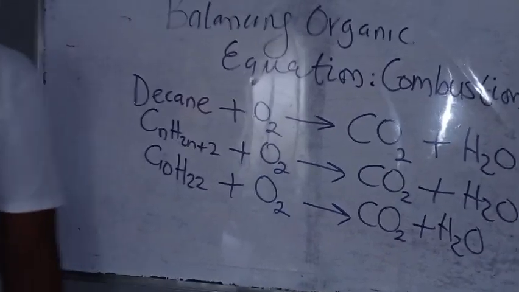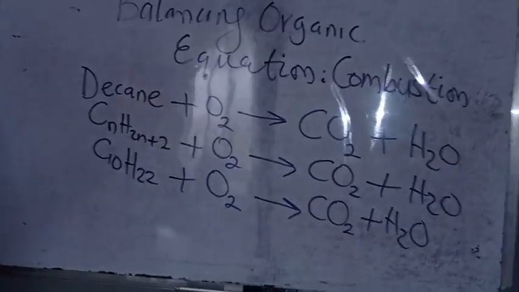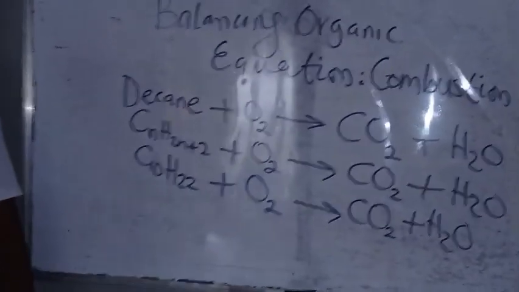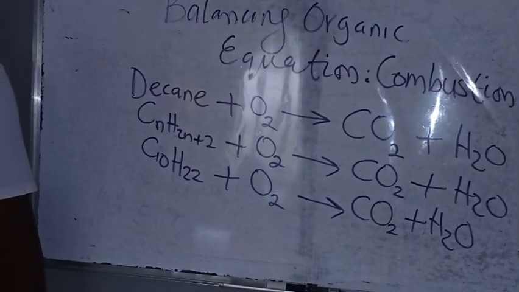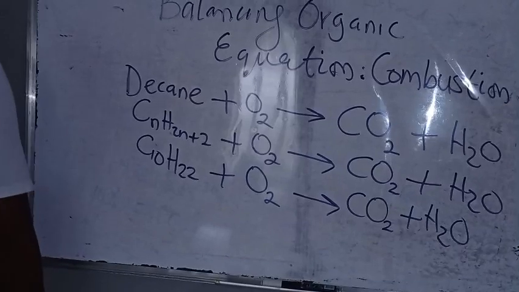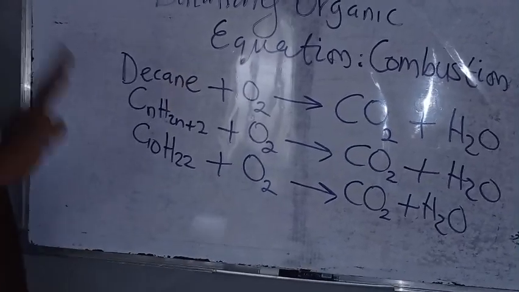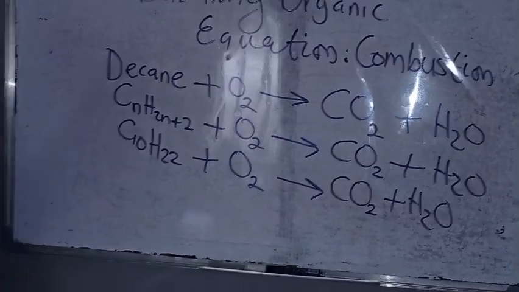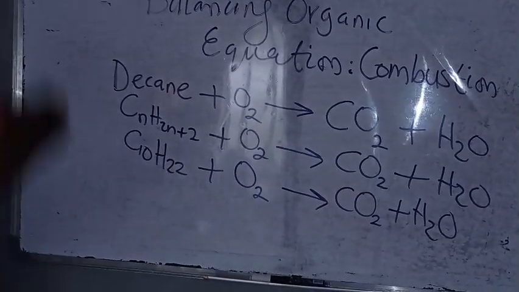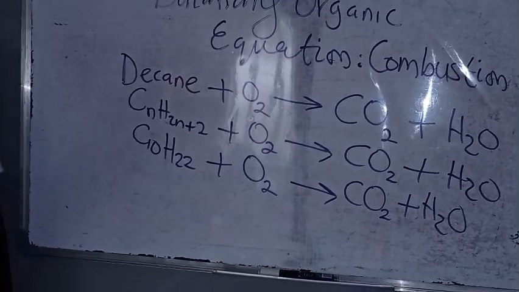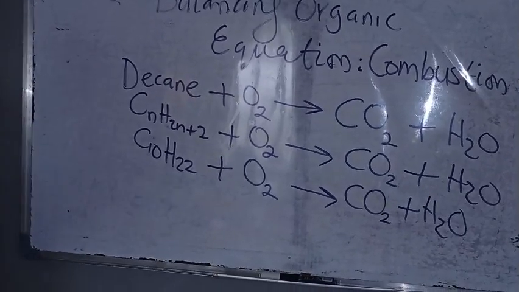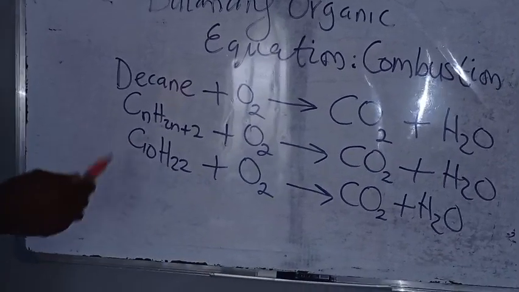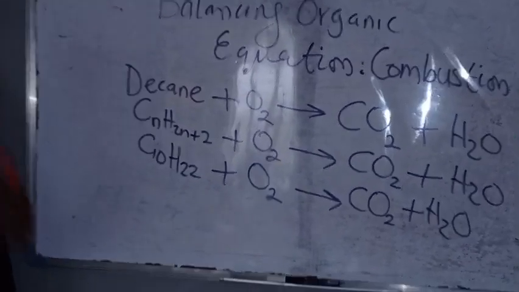Now, this equation is incomplete. This equation is against the law of conservation of mass until it is balanced. How do you balance this? It's different from the way we balance an inorganic equation. To balance the combustion of a hydrocarbon or perhaps an organic compound, what you simply do is this. You will double the carbon content of the hydrocarbon.